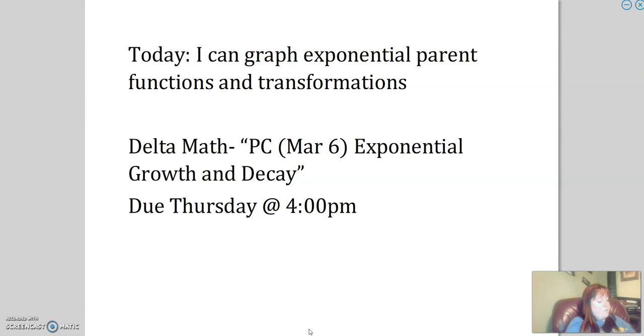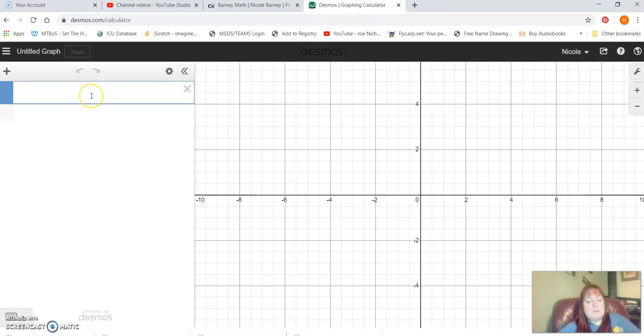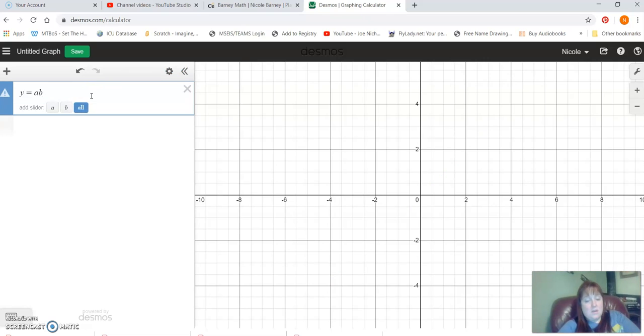Okay, so today we're going to talk about graphing the parent functions for exponentials, and we're going to talk about transformations. So the first thing we're going to do is go to Desmos. I'm going to close this out, and I'm going to show you this. So y equals ab to the x plus h, plus k.